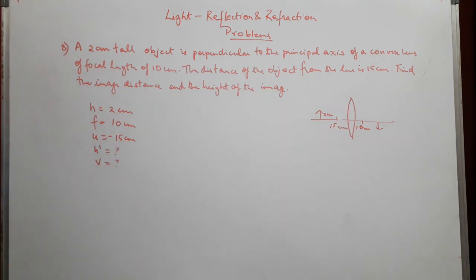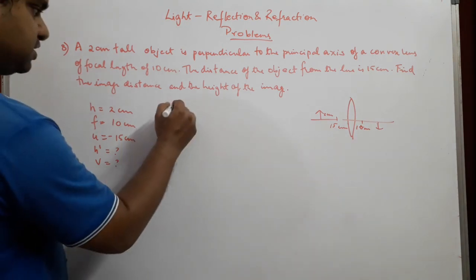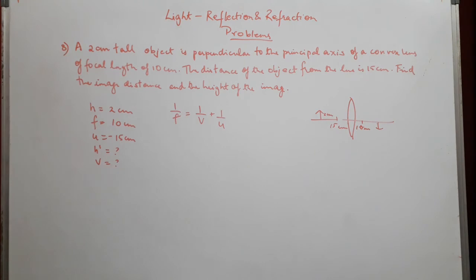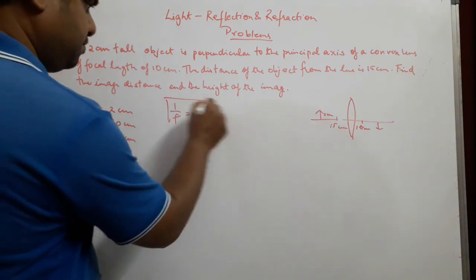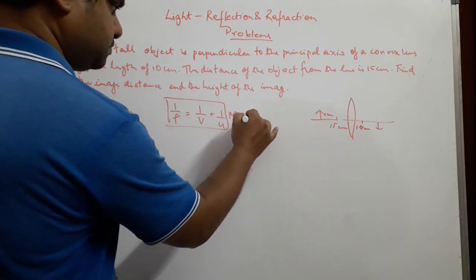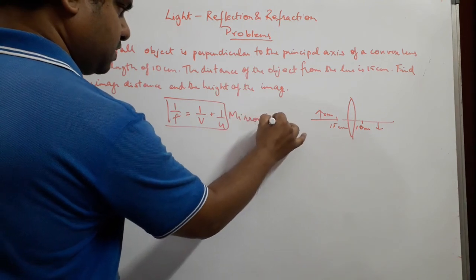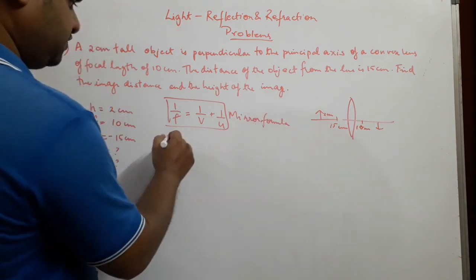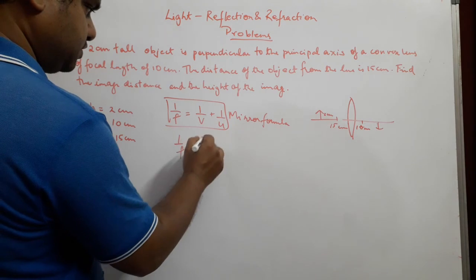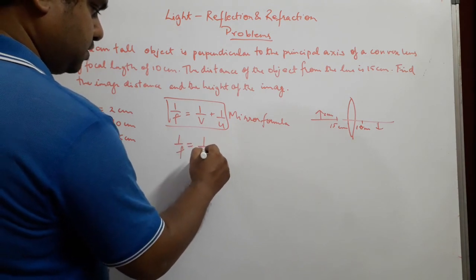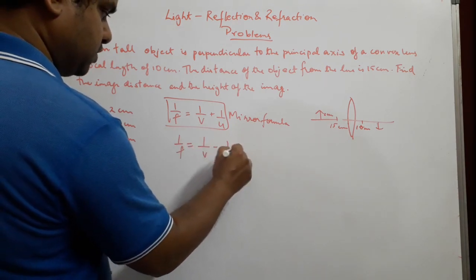So how do we find it from here? If we remember, the lens formula says what? This is the mirror formula, and the lens formula is 1 upon f is equal to 1 upon v minus 1 upon u.